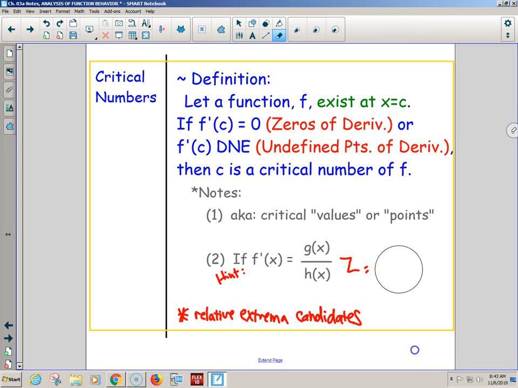If you want to think about it, we're taking that single fraction and splitting it up into two pieces, and saying, let's look at that h of x and say you can't equal 0. Those are going to be my DNEs. And then let's take g of x separately. Let's set him equal to 0, and he's going to be my zeros.